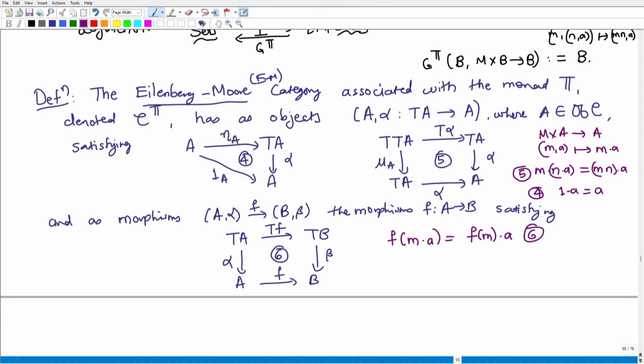Okay, your question was what is its connection with algebra? Now think about, let's say, the category of groups. Does there exist a free forgetful adjunction to the category of groups? Yes, given a set, you can construct a free group and then the forgetful functor.